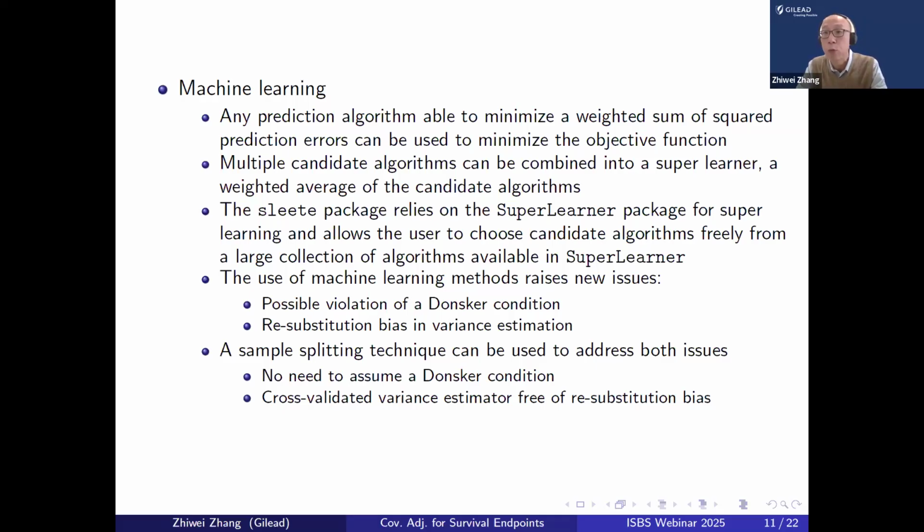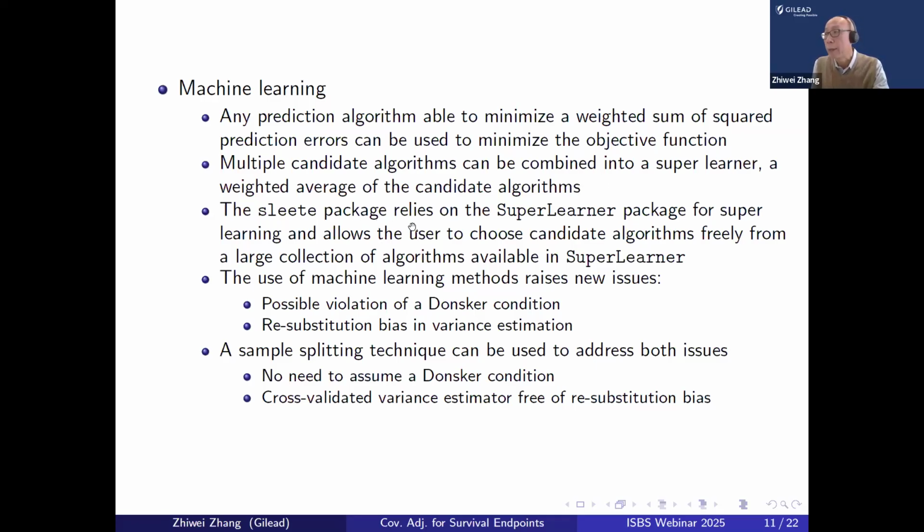Fortunately, we don't have to do that because we can combine multiple candidate algorithms in a data-driven manner using the superlearning principle. This gives us a superlearner, which is a weighted average of the candidate algorithms with weights optimized through cross-validation.